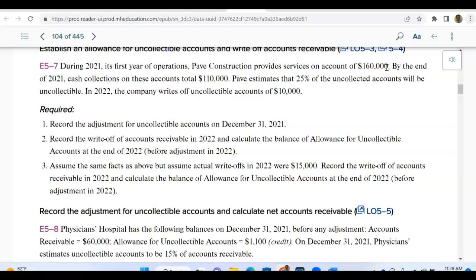So that's done. By end of the 2021, cash collection on these accounts totaled $110,000. So here we go. On your T account, cash debit, $110,000, and accounts receivable credit, $110,000. That way, your accounts receivable has a balance of $50,000 at this moment.